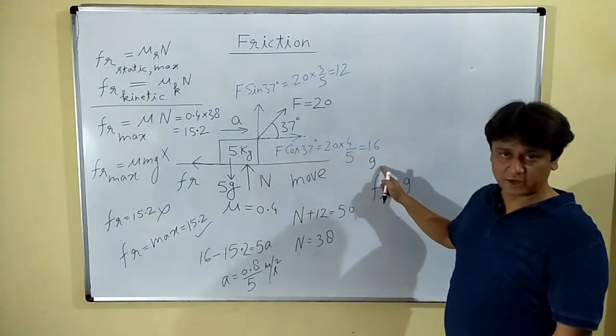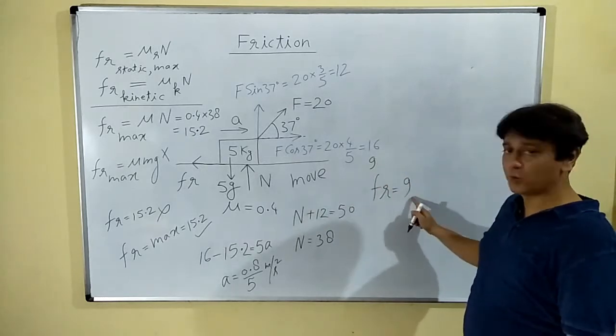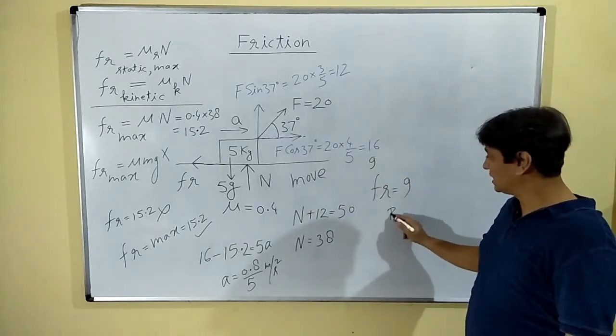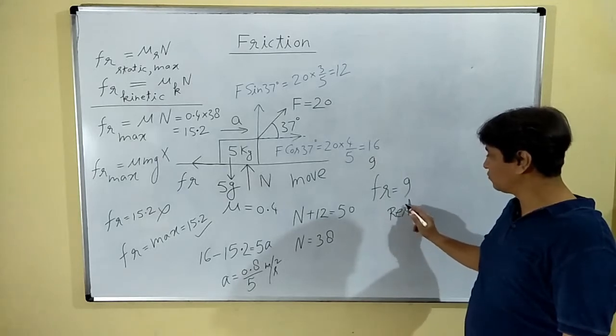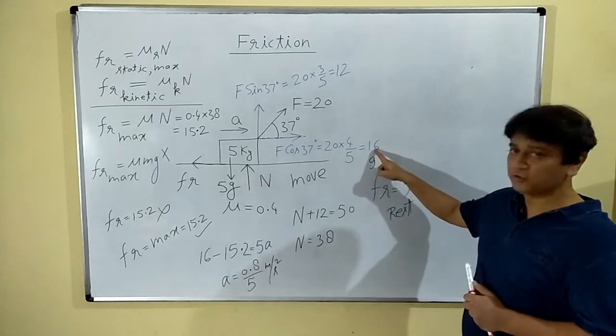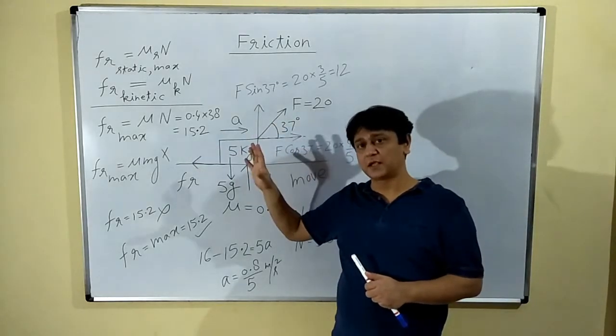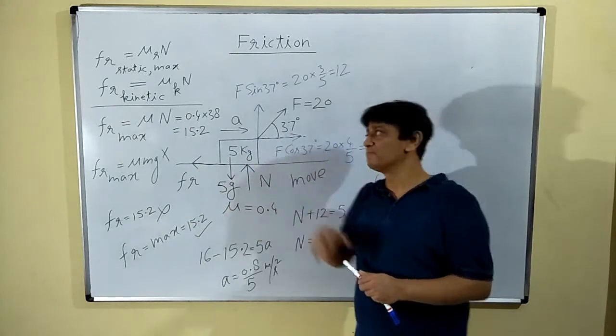So had it been 9, then friction for this question would be 9. And we'll say that in that case body is at rest. तो क्या डिसाइड किया हमने? पुलिंग फोर्स एंड मैक्सिमम फ्रिक्शन, ये डिसाइड करेंगे कि बॉडी मूव कर रही है या नहीं मूव कर रही है.